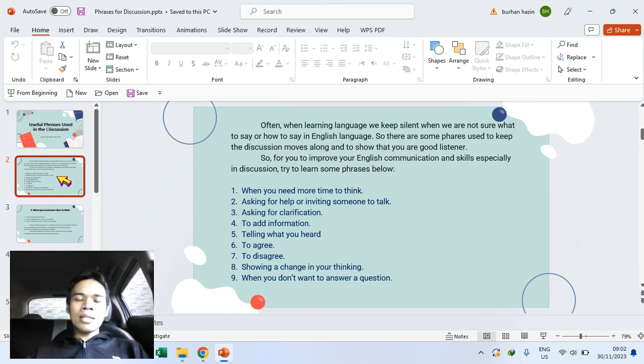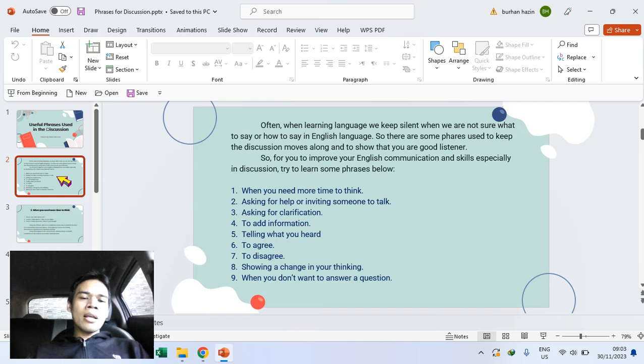So we're going to learn later about the phrases you can use if you are asking for help or inviting someone to talk. And then asking for clarification during discussion. Of course, sometimes we need to ask for clarification. So what phrases can you use in this situation?